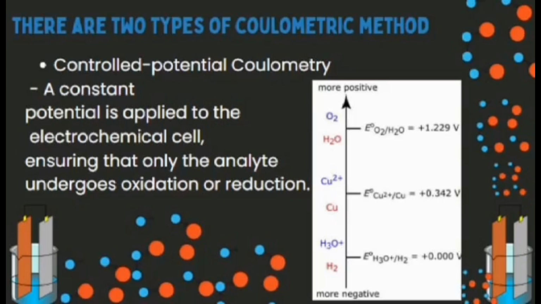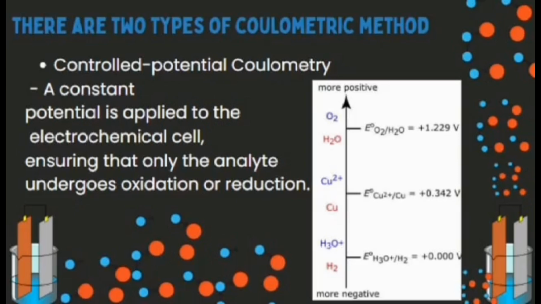It is a highly selective electroanalytical technique used to determine the amount of a substance by measuring the quantity of electricity, or the charge, required to completely oxidize or reduce it at a precisely controlled electrode potential. So in this method, a constant potential is applied to the working electrode. This potential is selected to be sufficiently positive or negative to ensure that only the analyte of interest undergoes oxidation or reduction.